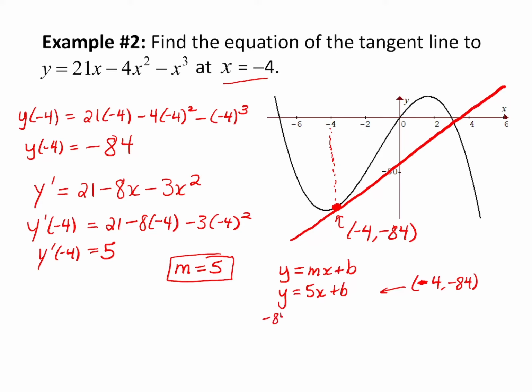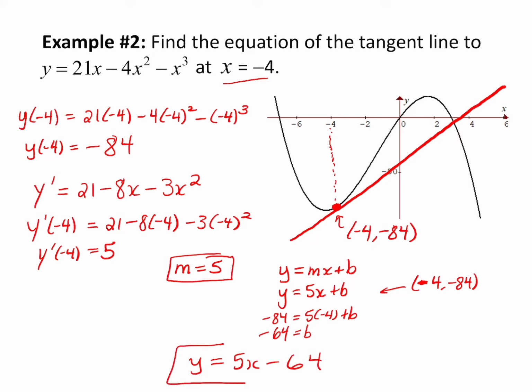So we'll have -84 equals 5 times -4 plus b. If we move the 5 times -4 over to the other side, it's -20, but we'll add it to the other side, and we end up with -64. So that means the equation of our tangent line is y equals 5x minus 64.